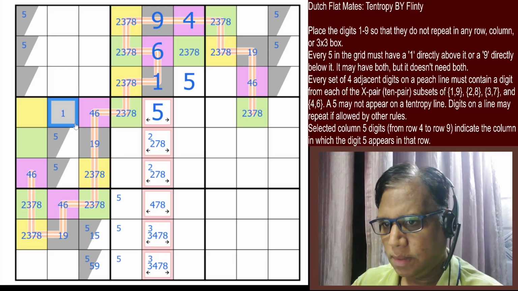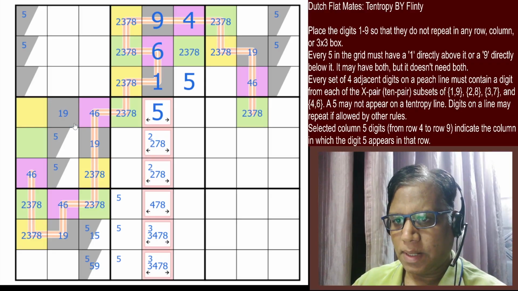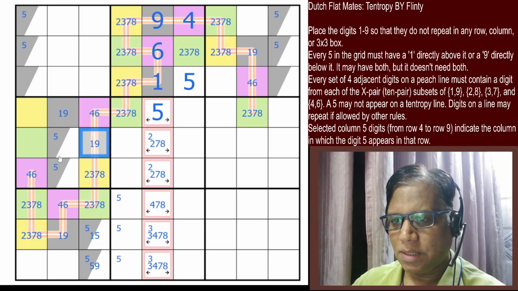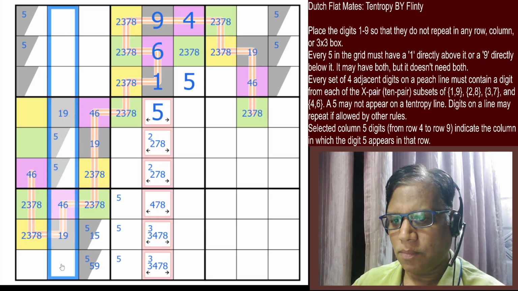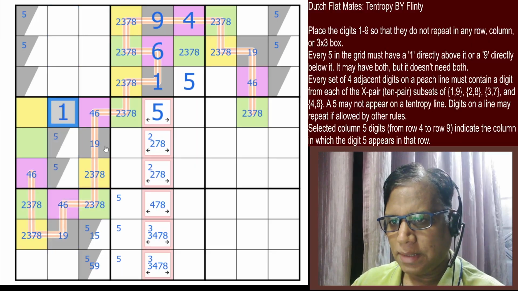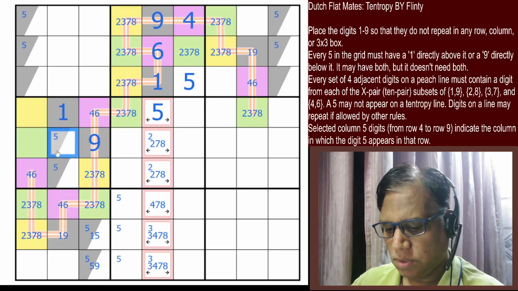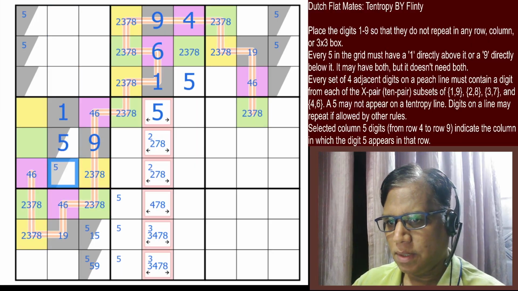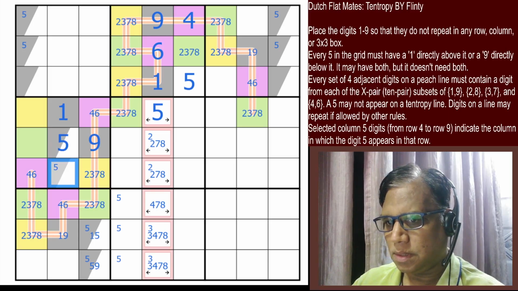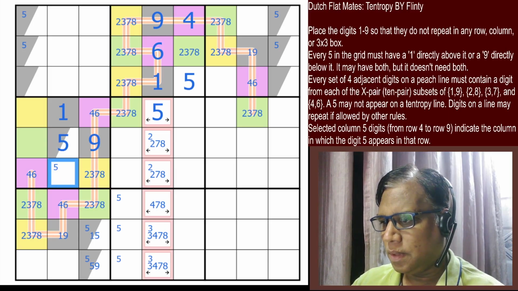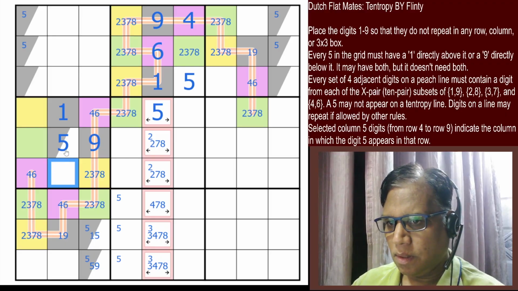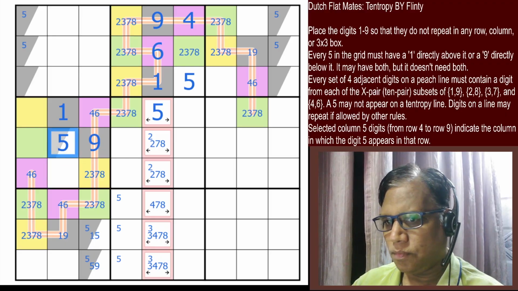And that's 1, 9. And now this has to be 1, right? Because if that is 9, that is 1, and you cannot have 5 in this column. That's clear. So that's 1. That's 9. You must have now 5 here, right? Because 1 is here. That's neither 5 or anything. That's not any color 5.